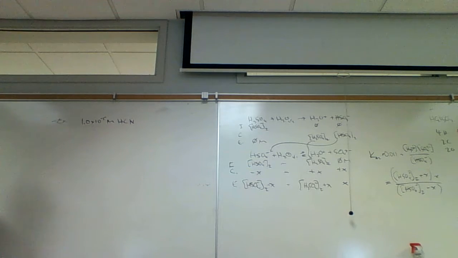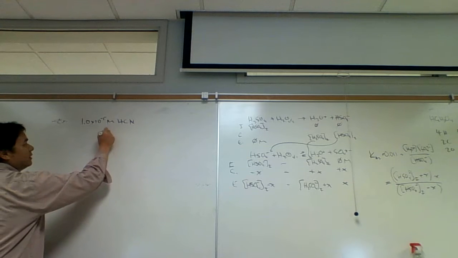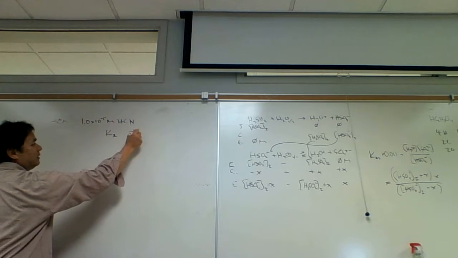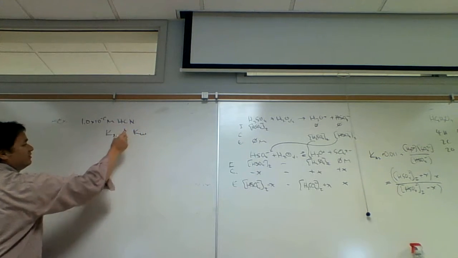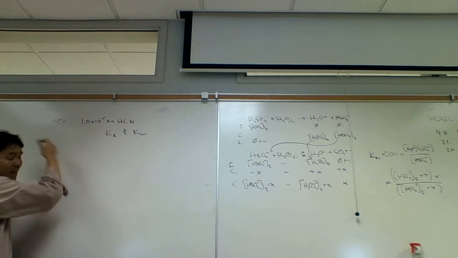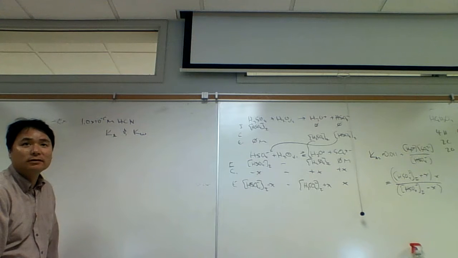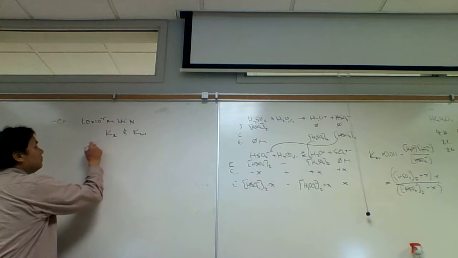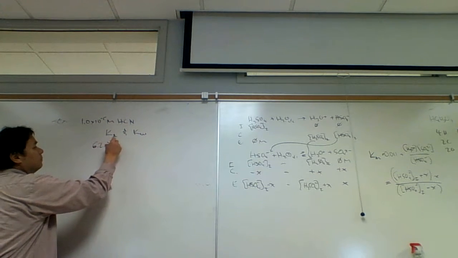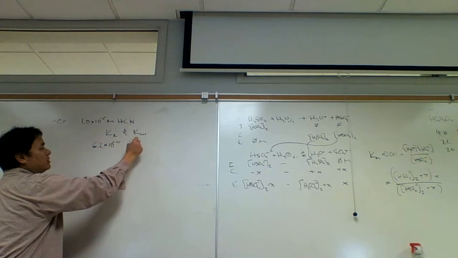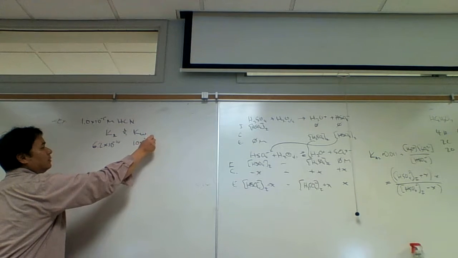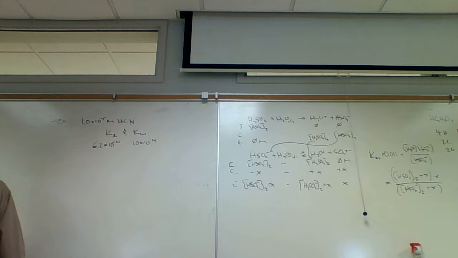Okay, so basically we have two equilibria going on here. We have Ka and Kw. What's the Ka value? 6.2 times 10 to the negative 10. And Kw is 1.0 times 10 to the negative 14. And so the way I would do this, I would start off with Ka and then go to Kw.